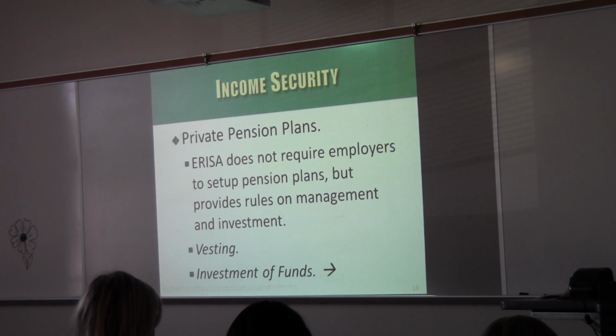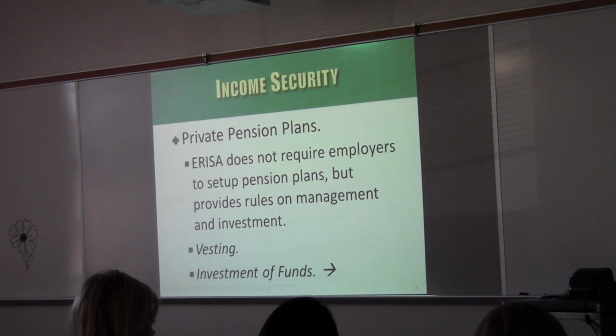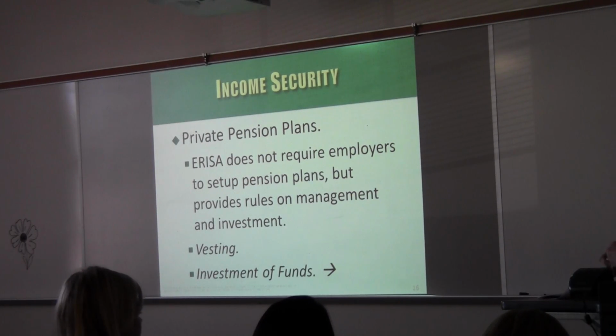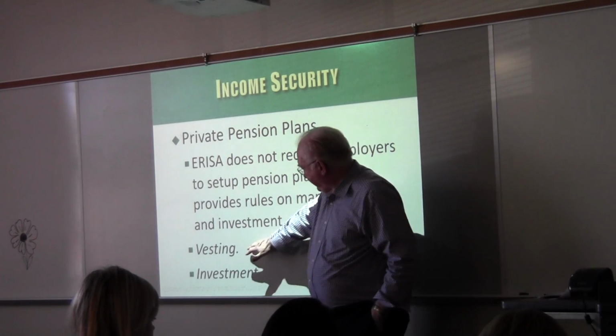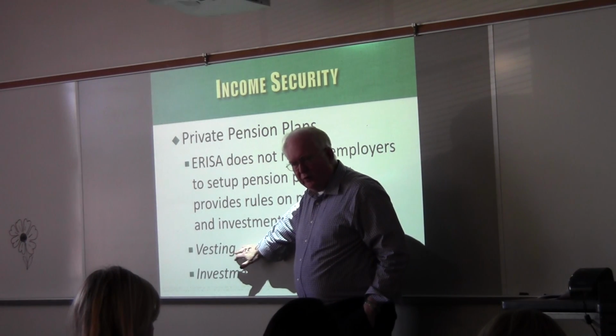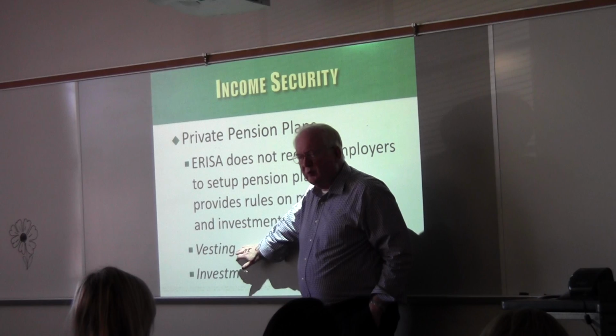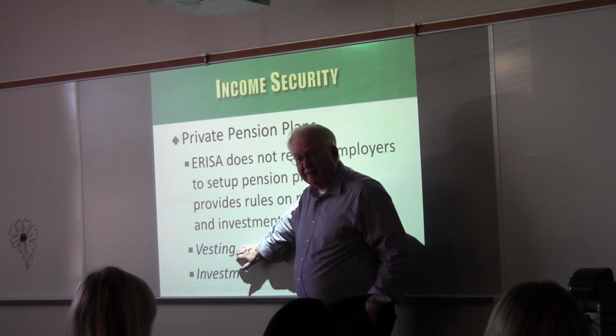Private pension plans: ERISA was first passed in the 1970s. It was called the Accountants for Employment Act because it led to the complications that you see in Accounting 303 with pensions. Thank ERISA for that. It has certain vesting requirements because what would happen, Linda, is somebody would work for 20 years, and they would have a pension plan that did not vest until you were there for 20 years, and you were laid off after 19 years and 11 months.